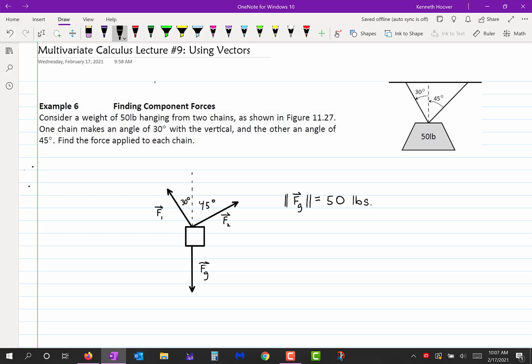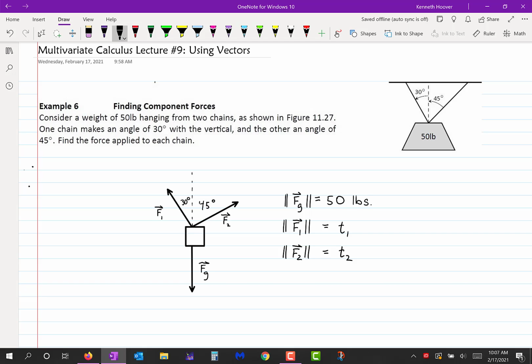Now the magnitude of the forces on the chains we don't know. So let's call the magnitude of force 1 (I said that those kinds of forces are called tension) T1. And the magnitude of force 2, let's call that T2. Okay?